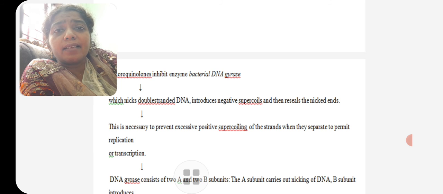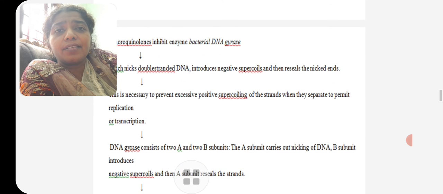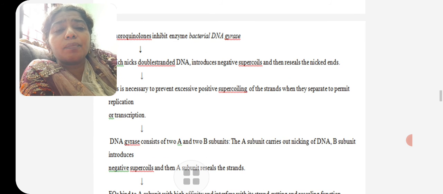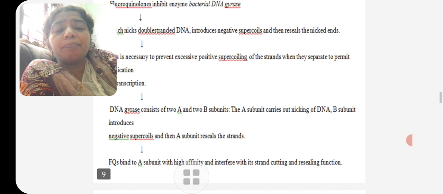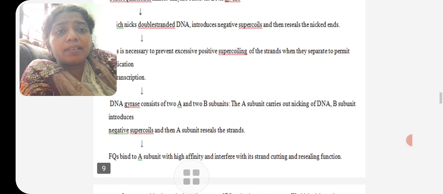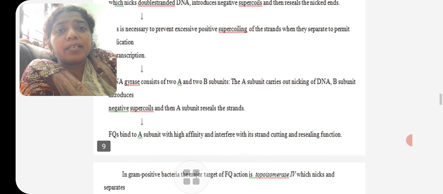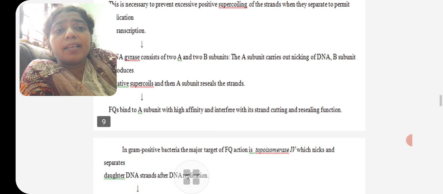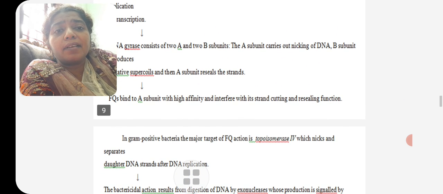The DNA gyrase enzyme nicks the double-stranded DNA, introduces negative supercoils and reseals the nicks. The purpose of introducing negative supercoils is to prevent the excess positive supercoiling of strands when they separate for replication or transcription. DNA gyrase consists of 2 A subunits and 2 B subunits. The A subunit carries out the cutting function, the B subunit introduces the negative supercoil and the A subunit reseals the nicks.